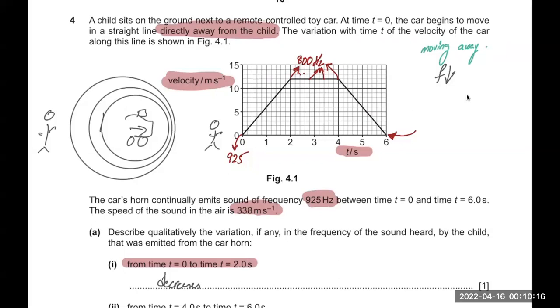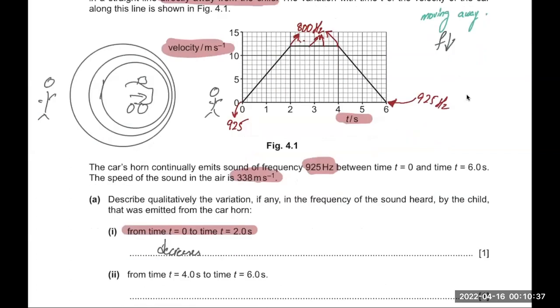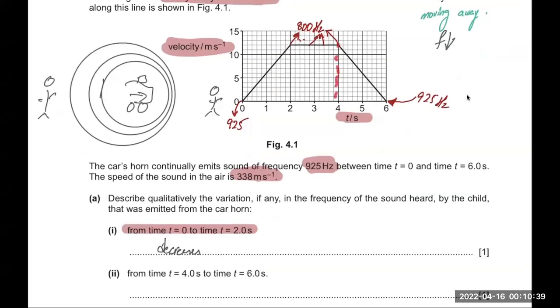The frequency we observe when the car stops again is 925 hertz, because there is no relative motion now. It's a stationary sound source. So 925. So for the observer, what happens to the frequency between t equals 4 and t equals 6?